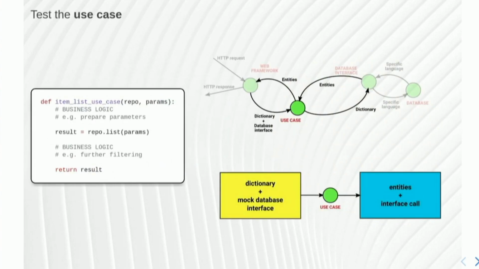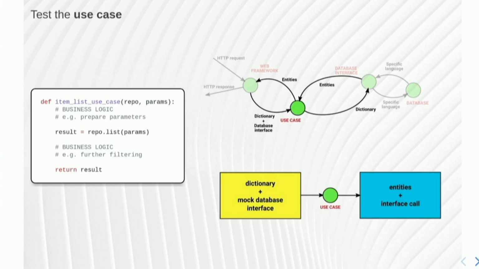A clean architecture, a software designed with a clean architecture, can be tested very well. What do I mean by that? Look at the use case. I can easily isolate the use case from the web framework and from the database interface. It's just an object that receives a repo and some parameters and returns some results.